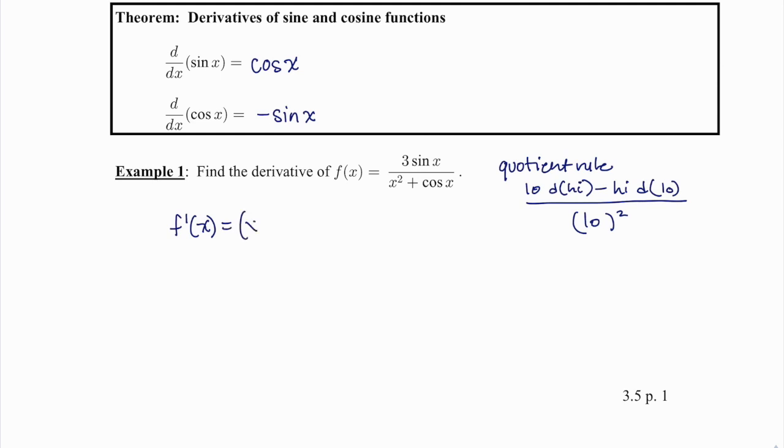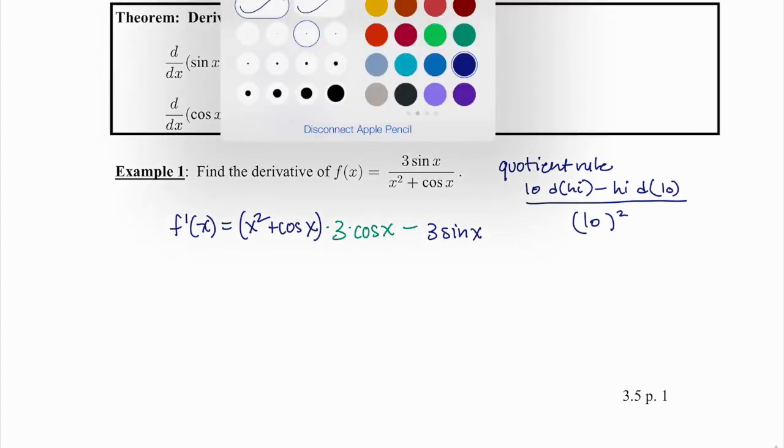Low is x squared plus cosine x. D high would be 3 times the derivative of sine x, so 3 times cosine x. And then we want to subtract high, d low.